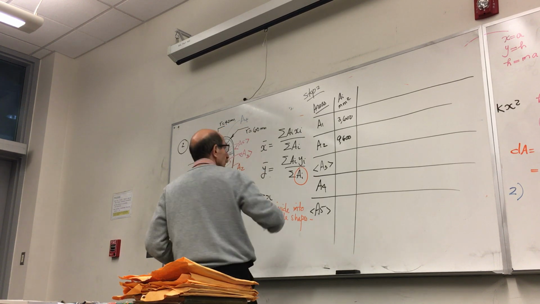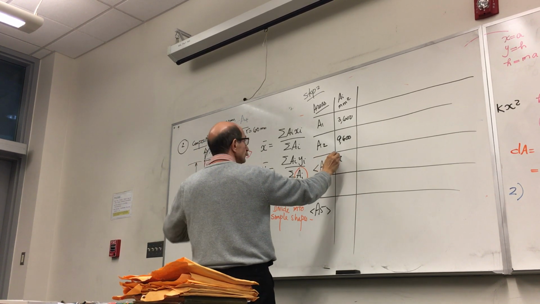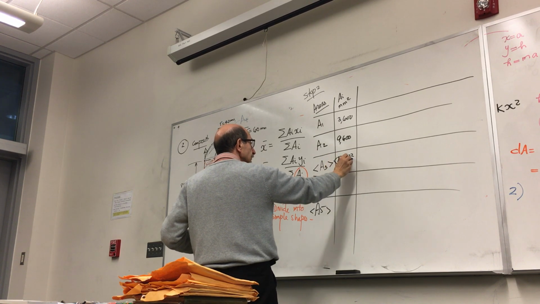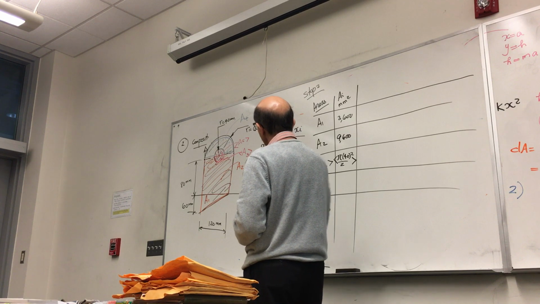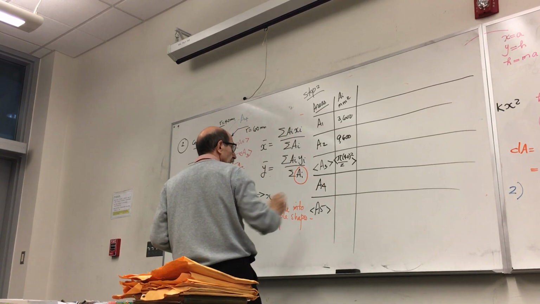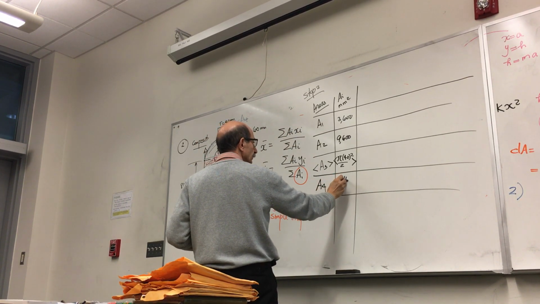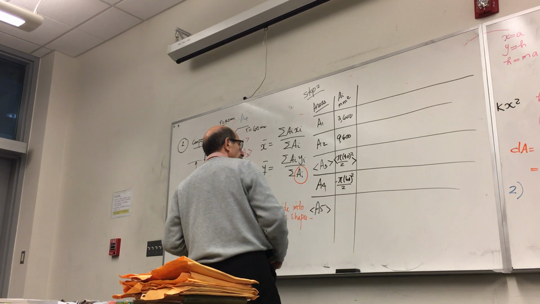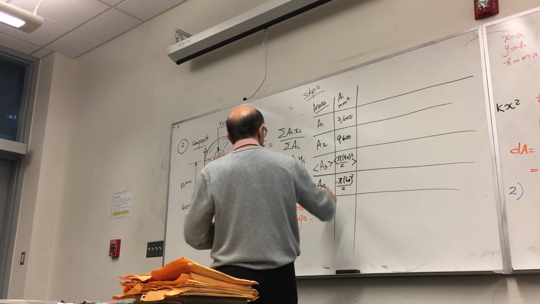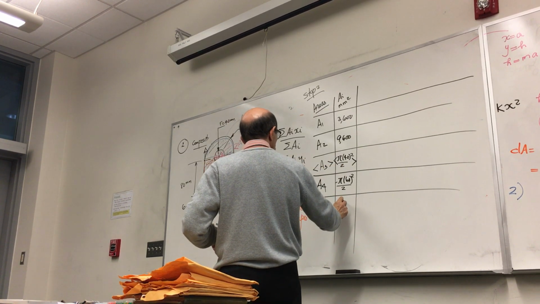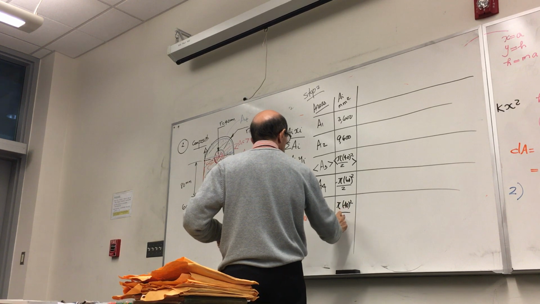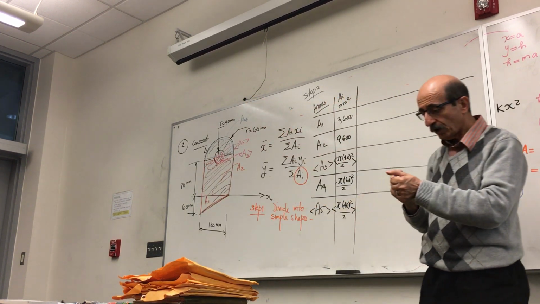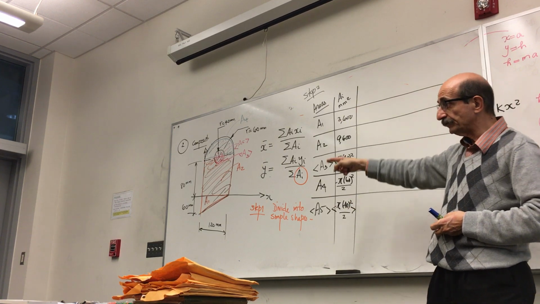For this half a circle it is pi r squared over 2, which is pi times 40 squared divided by 2, but that is negative. For that half circle, you have pi times its radius, 60 squared divided by 2. And this one is the same as that one, so I have pi 40 squared divided by 2, negative. As I said, these ai's are the areas of each of these pieces.